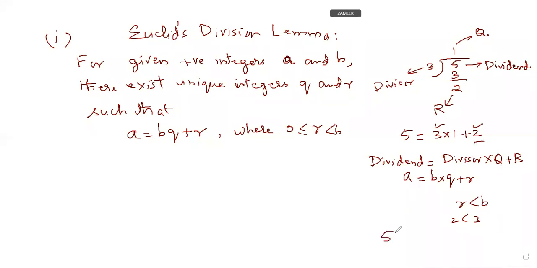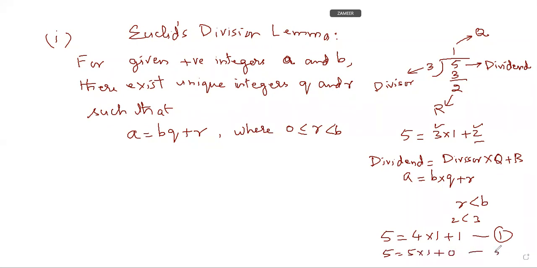5 can be written, if you take r as 1, as 3 into 4... sorry, 4 ones are 4 plus 1, which becomes 5. And if you take r equal to 0, we can write 5 is equal to 5 into 1 plus 0.